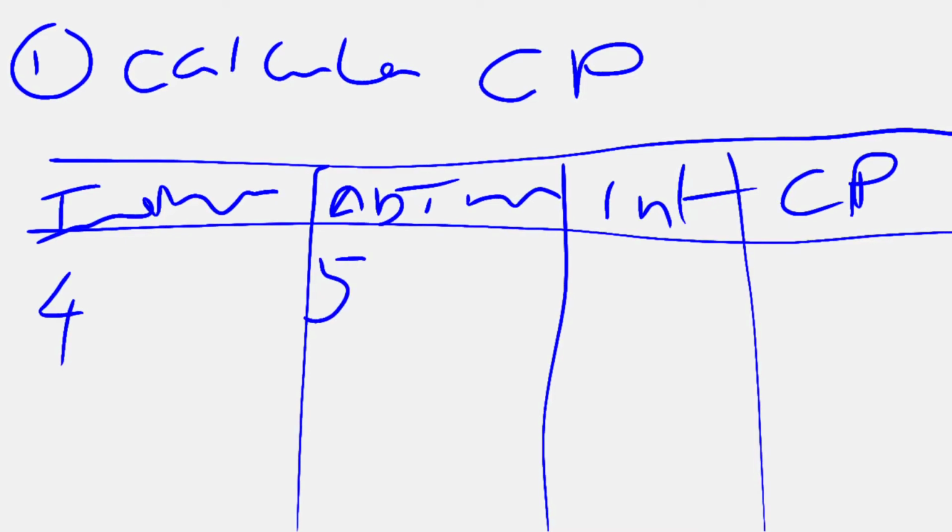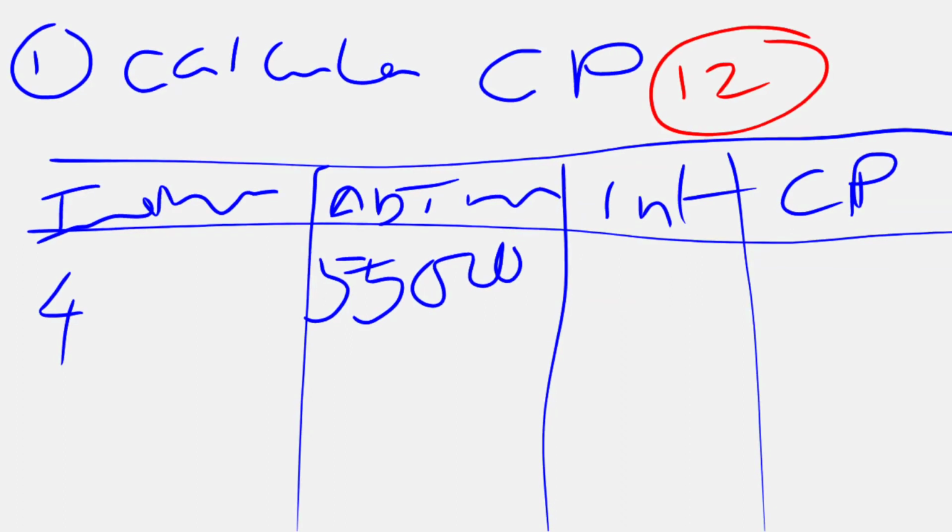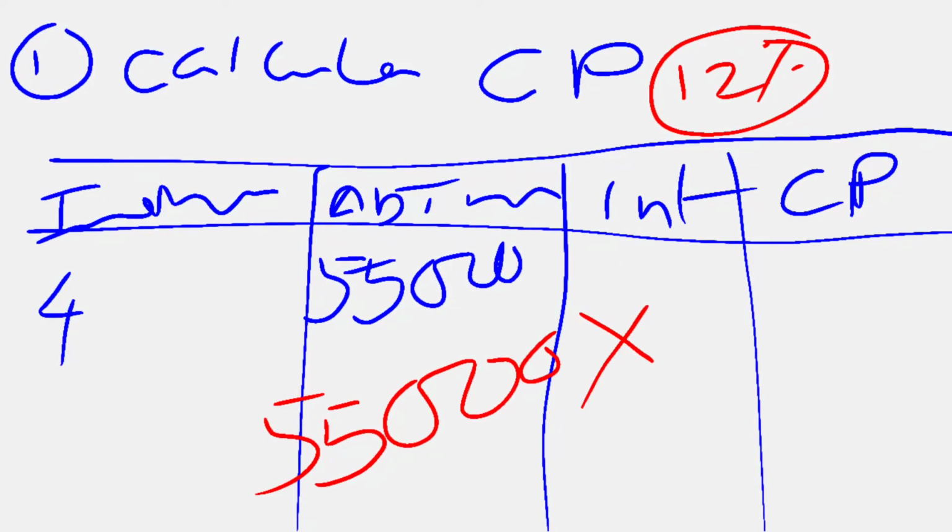The fourth installment is 55,000. Interest is charged at 12% per annum, so we calculate 55,000 into 12 by 112, because the rate of interest is added to 100. The fourth installment interest is 5,893, rounded off.